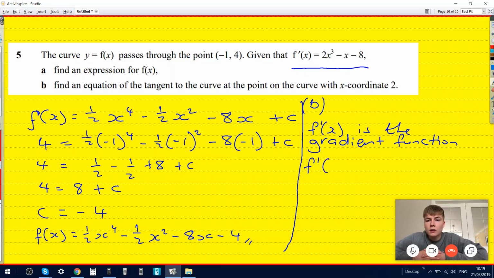That's it. So you do f dash of 2 and you put in 2 instead of x, and that gives you the gradient. So I think it's 6. And then how do you use that to find the equation of the tangent?